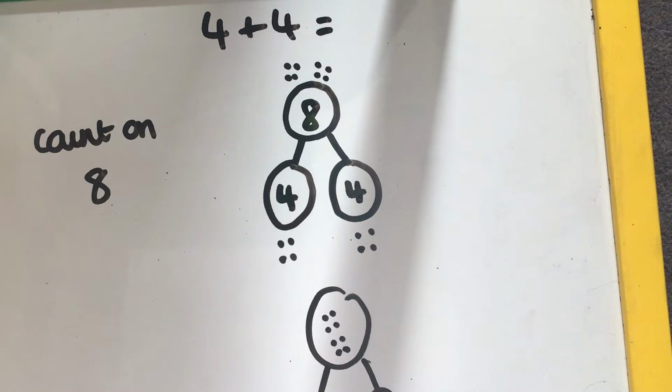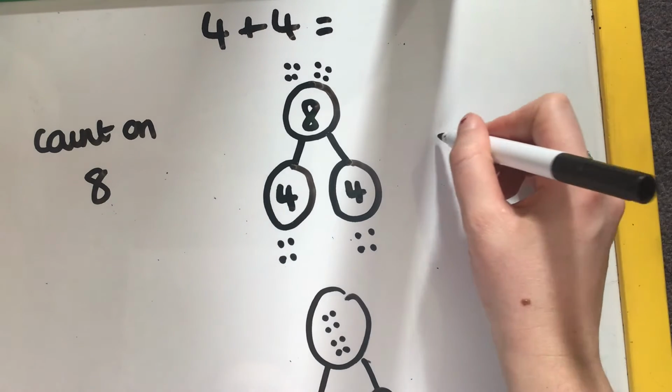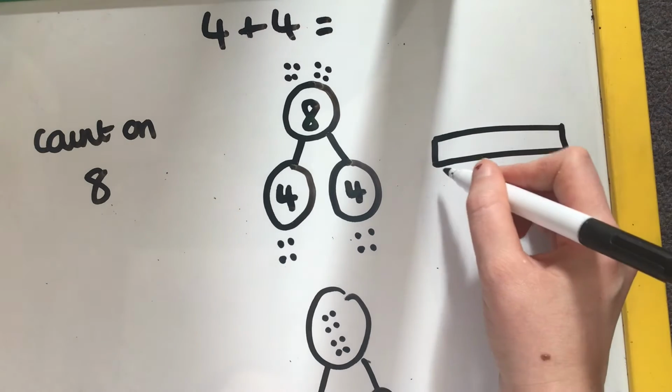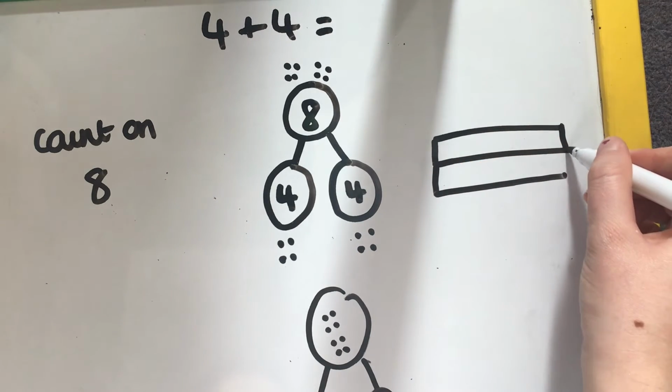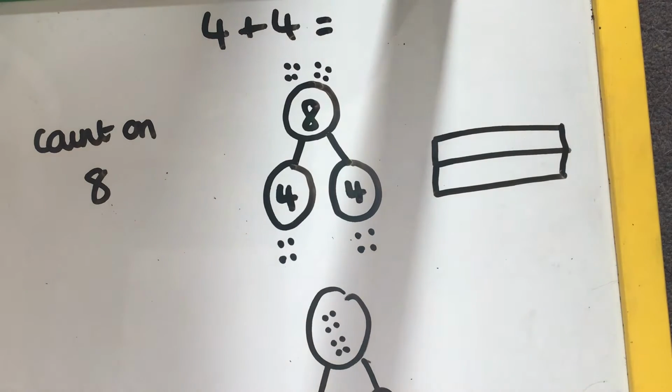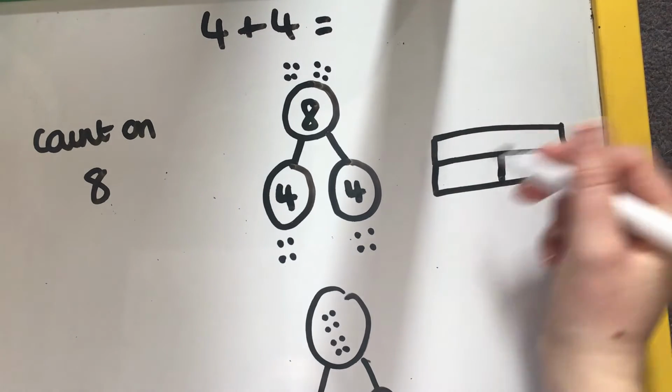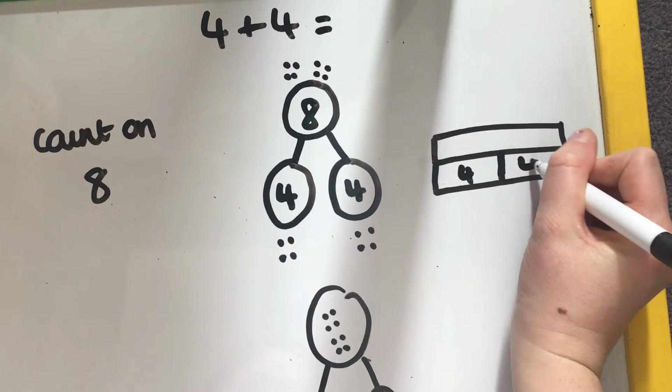Okay? The other method you could do is the bar model. Now for this method, you would need a ruler and your pencil. I don't have a ruler, so I'm going to have to be really naughty and draw it out without a ruler. Okay, so remember on the top is what it equals, and on the bottom are your 2 that you're using.